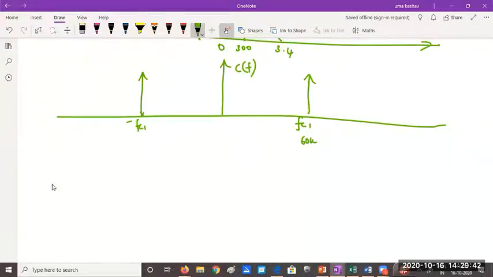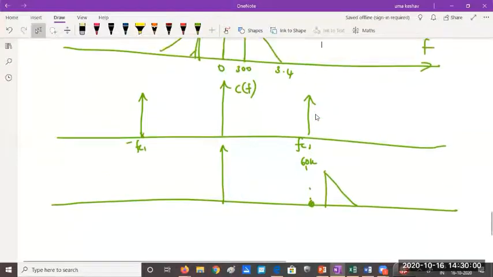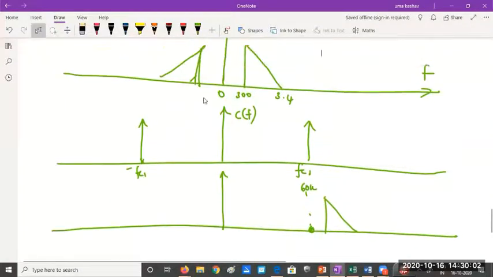And the output after the first modulator will be what? I told you, mark this frequency, then just shift the message from this center point. Whatever was the center point of the message here, from this center point 0, you should shift it to FC. You should shift it to the center point FC.